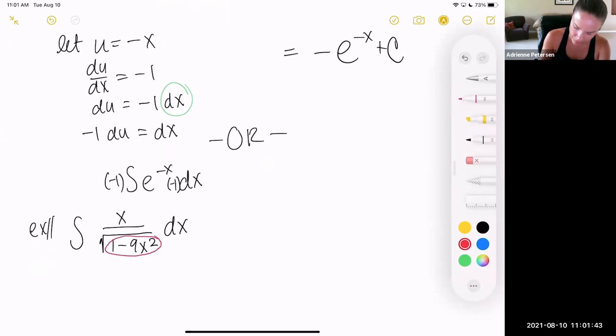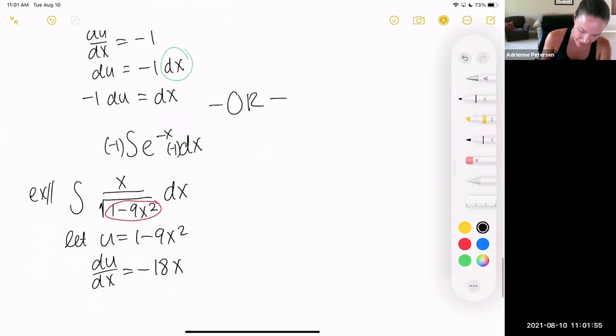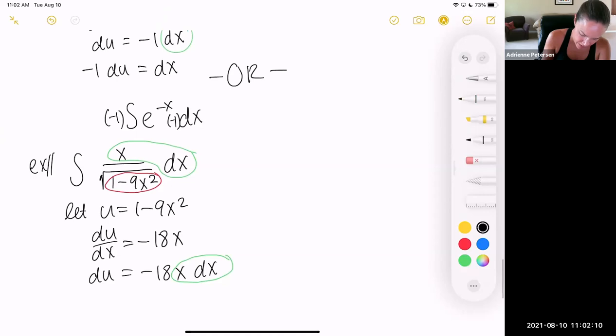So here's u. Our process is next up, we find du dx, which is -18x. We split up that du dx, so du is equal to -18x dx. We want to match with what we have in this integral. So in our integral, we only have x dx. So my next step is to move that -18 to the other side.